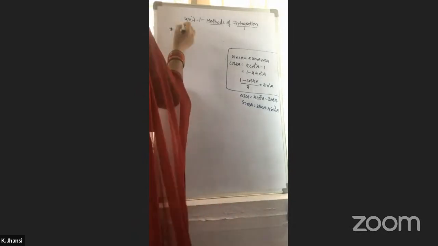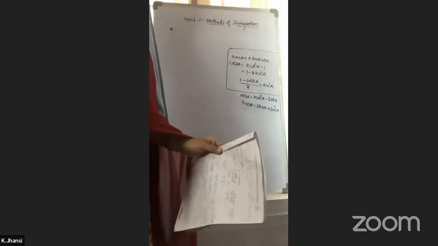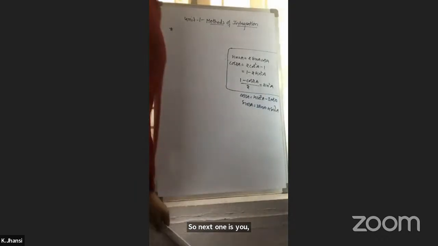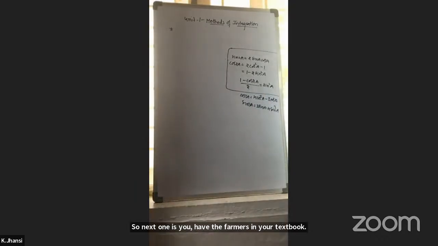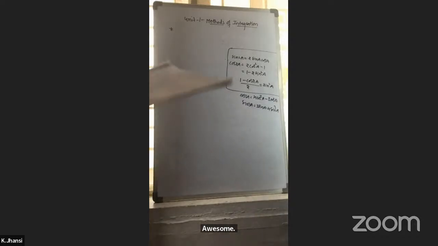So next one, you have the formulas in your textbook. Just if it is asked in the examination, how to find this, I will tell. Okay, these formulas you have in your textbook.